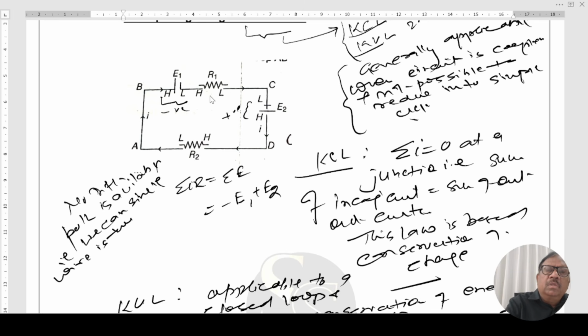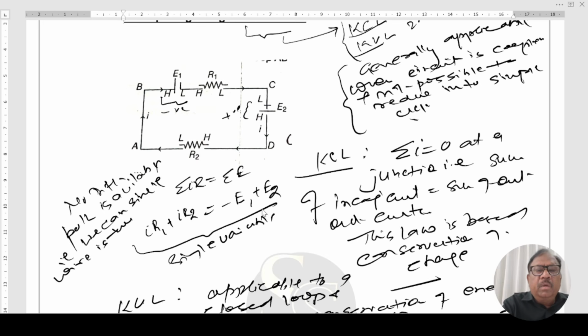Then I into R1 plus I into R2. Only a single variable is there, where number of wires equal number of variables, so that many equations will be required. Right? Now I will discuss when more than one wire is there, that is, different paths are there. Let's discuss that.